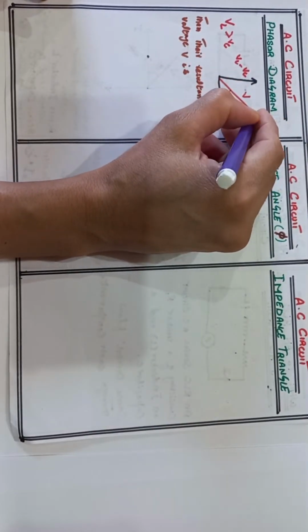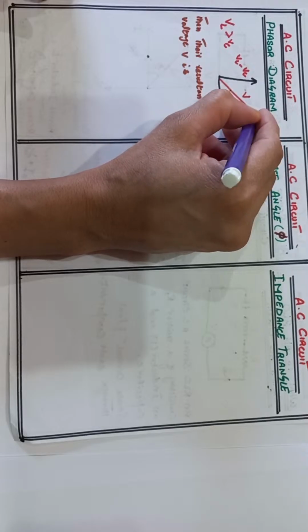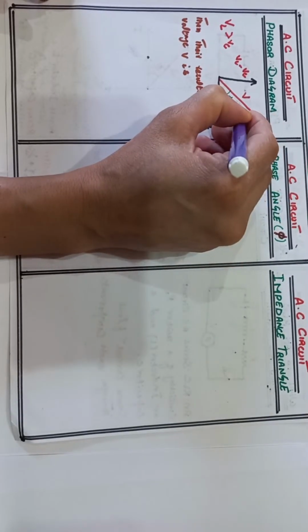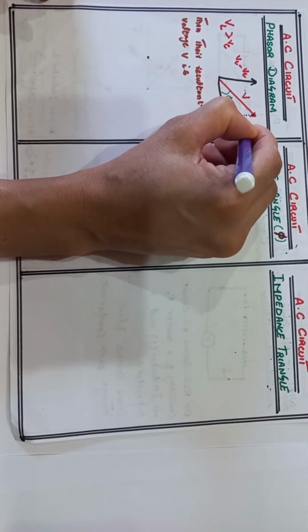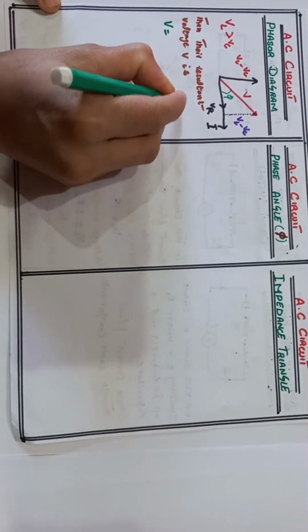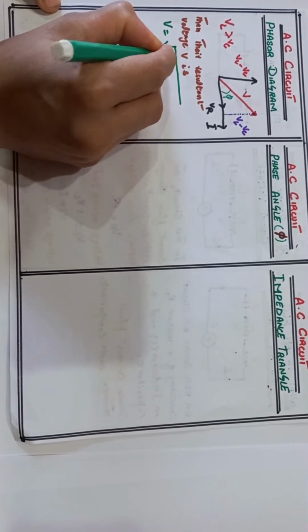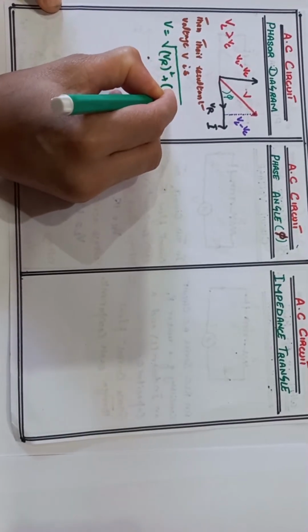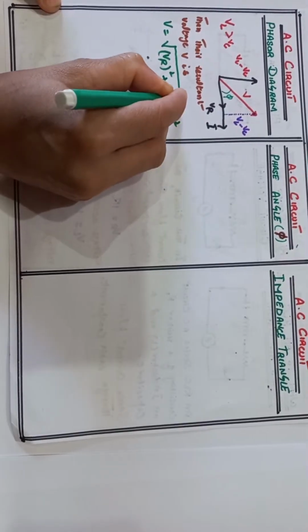If we draw the perpendicular from the applied voltage V on the x-axis, the reference axis I, that is equal to VL minus VC. So we can calculate the resultant voltage V, that is equal to the square root of VR squared plus (VL minus VC) whole squared.